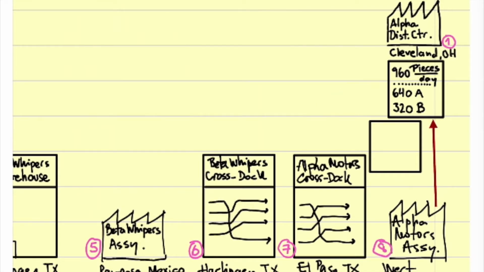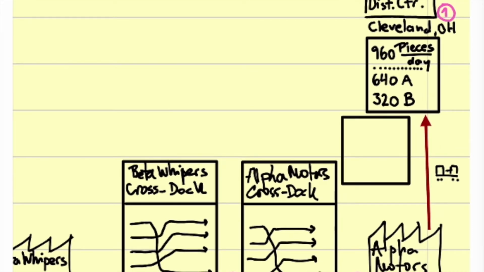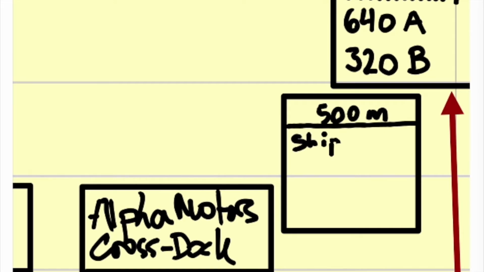So this is done once a day per train. And here we have 500 miles. We have a batch of 1 unit train. Our unit is the train.